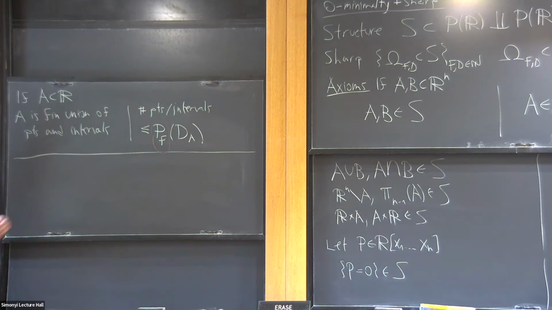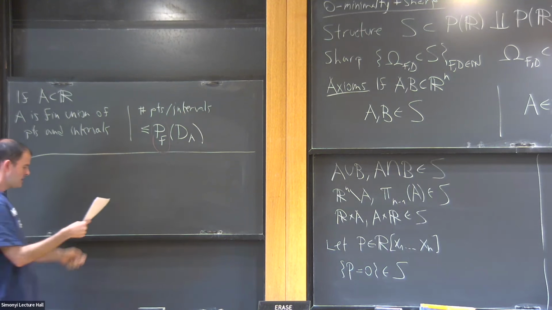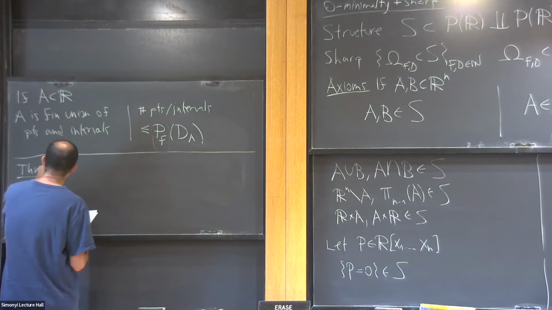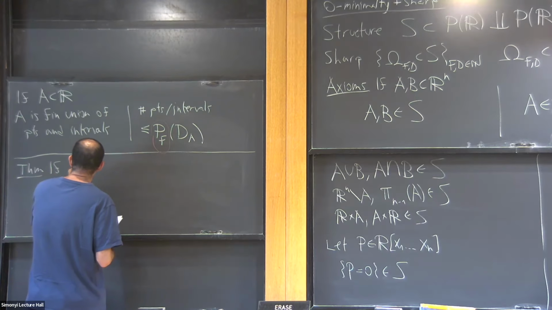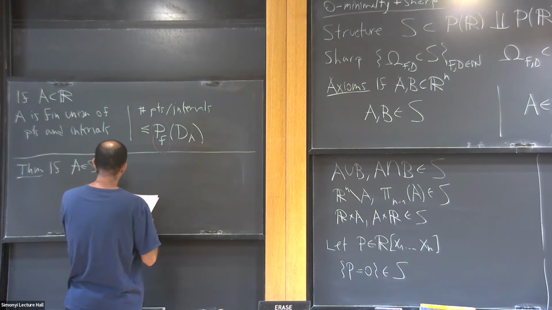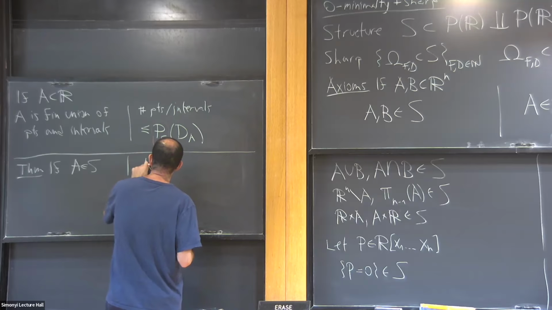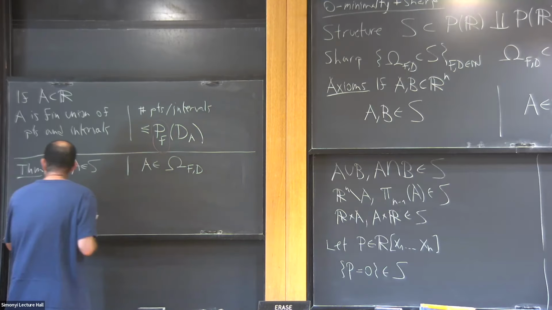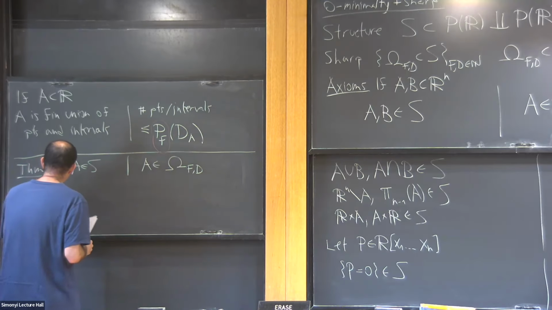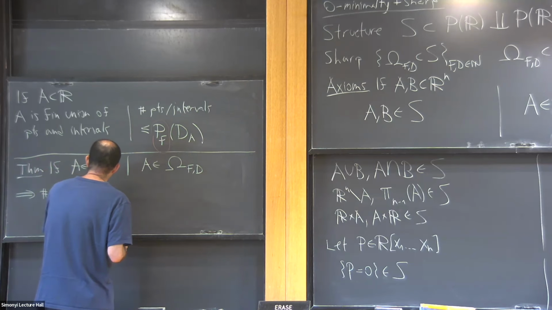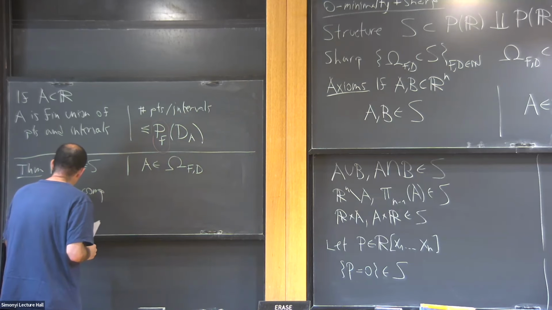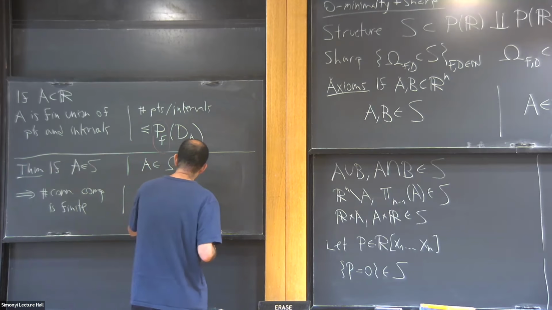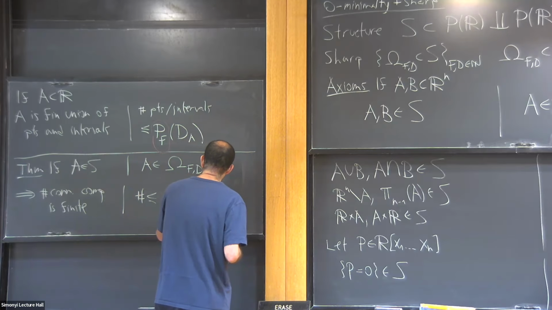So a theorem, which is a basic theorem of O-minimality: if A is definable, or in the sharp case, if I take A in a given format and degree, then the number of connected components is finite, but here the number is less than some polynomial, depending on the format, in the degree.